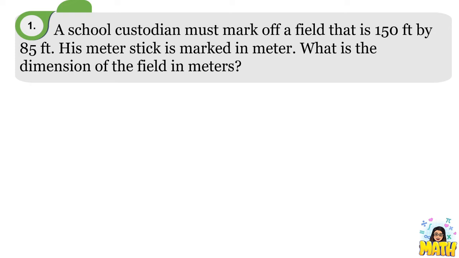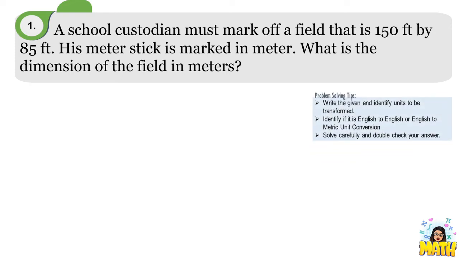So to answer a word problem, let's use the following tips. Let's write first the given and identify the units to be transformed. Here, we have 150 feet by 85 feet and ano yung units na ita-transform natin into? That is into meter. So that is 150 feet by 85 feet into meters.